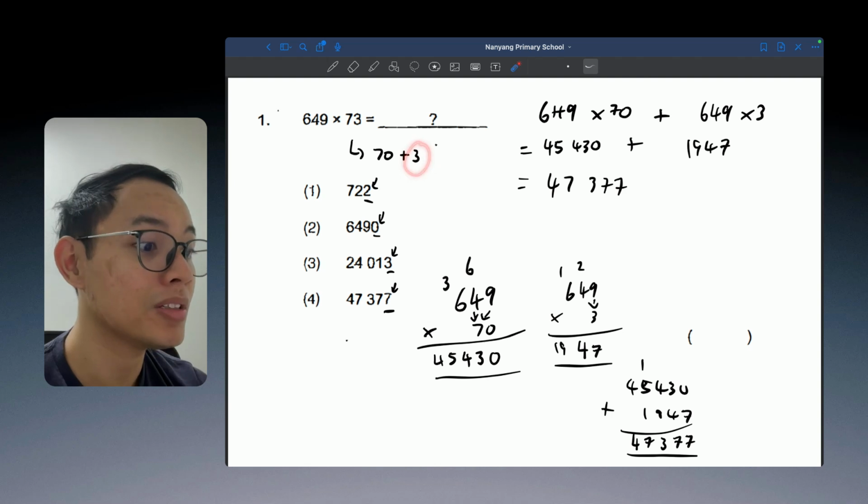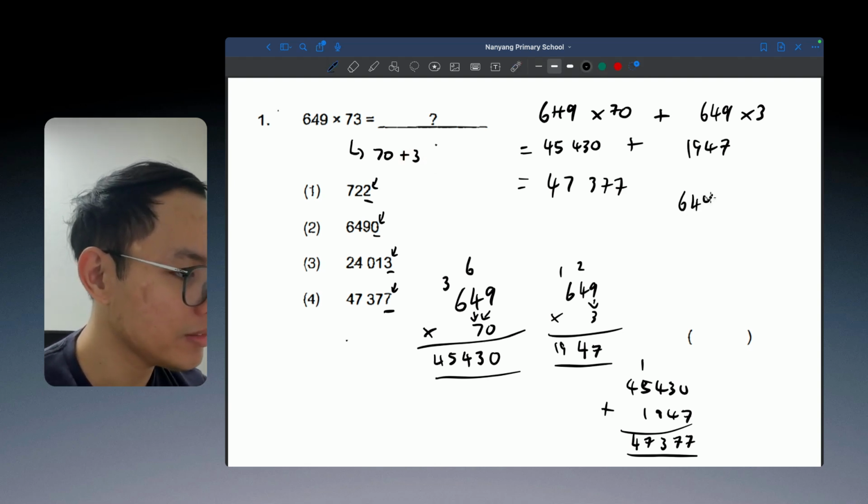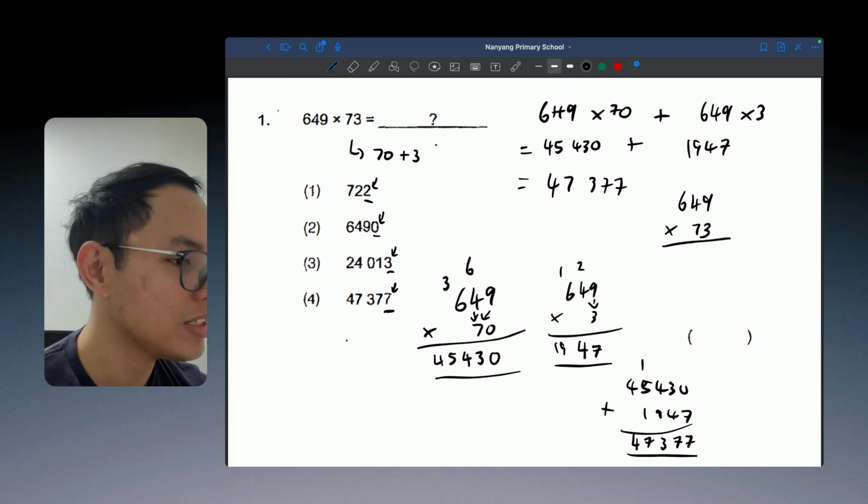We actually care about the number 3. So if you were to just start out with 649 times 73, this is the whole equation. Essentially, you put 9 times 3 over here, and 9 times 3 is 27. So you put 7, and you put 2 here.